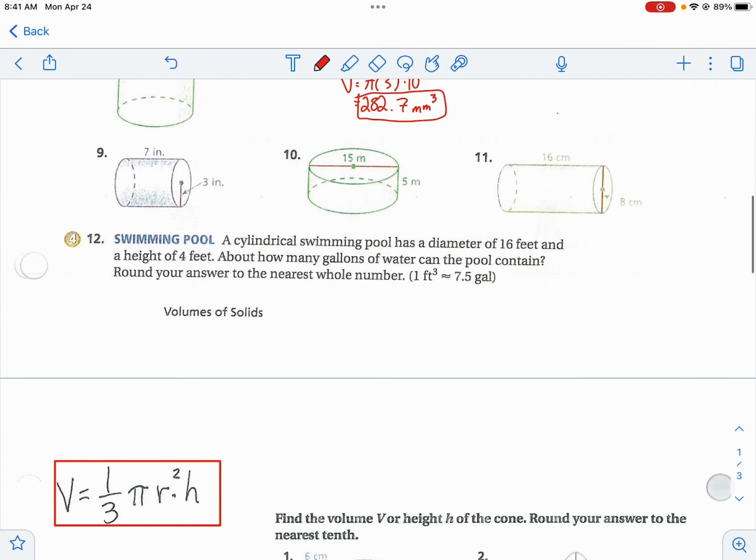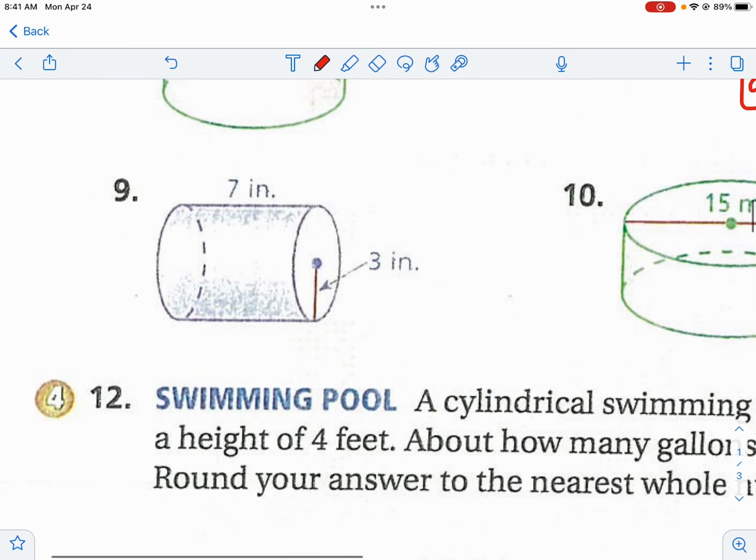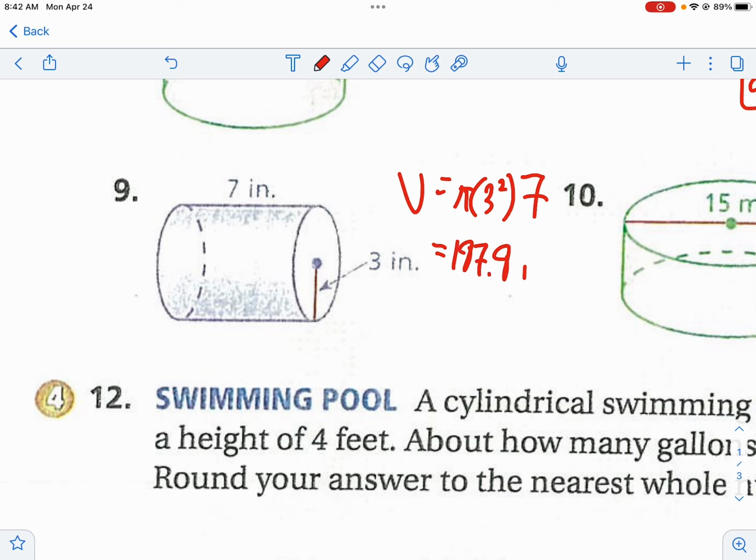Let's knock out these last three and then our word problem. V is equal to pi times 3 squared times 7. 9 times 7 times pi is 197.9 inches cubed.